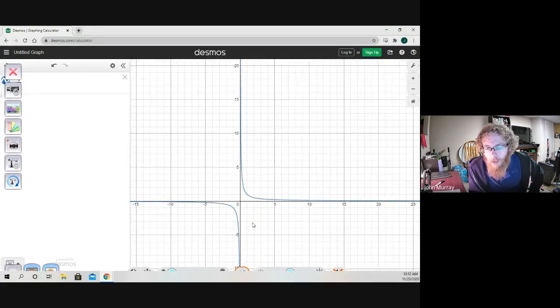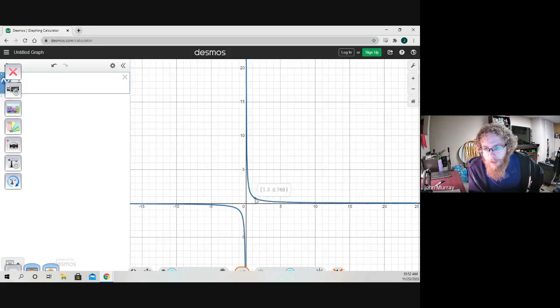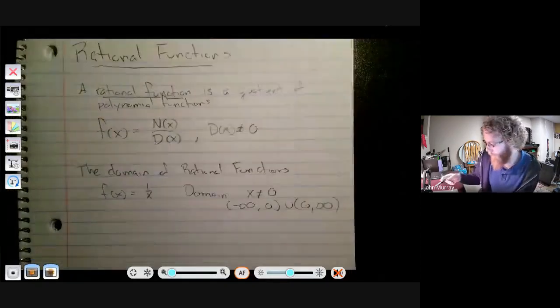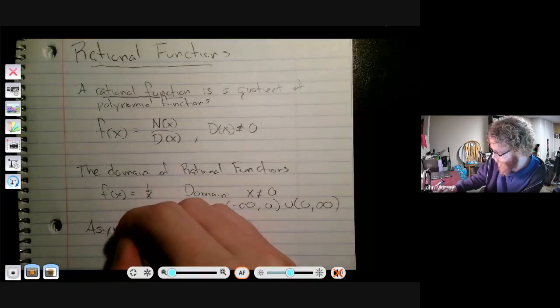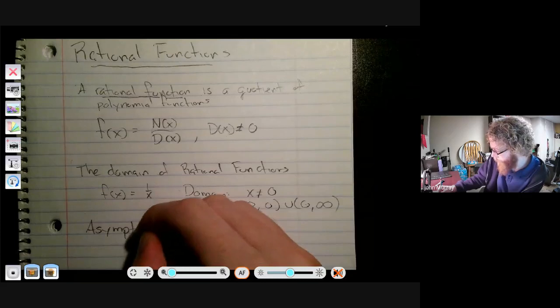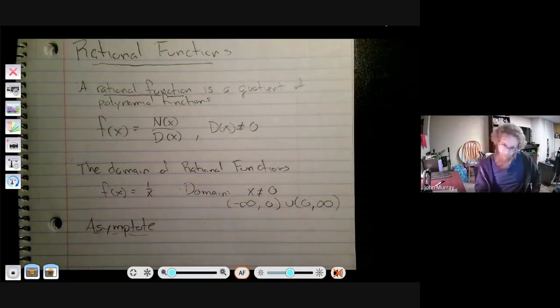So those two aspects, kind of the vertical boundary line and this horizontal boundary line, are key features in rational functions. They are called asymptotes.